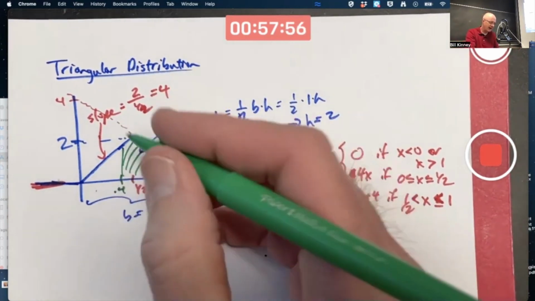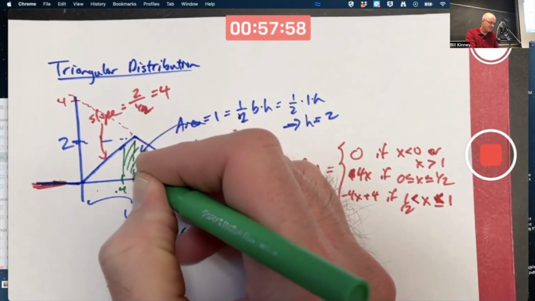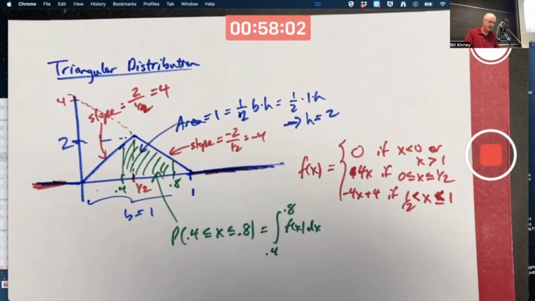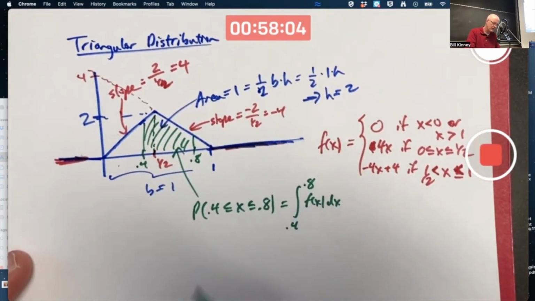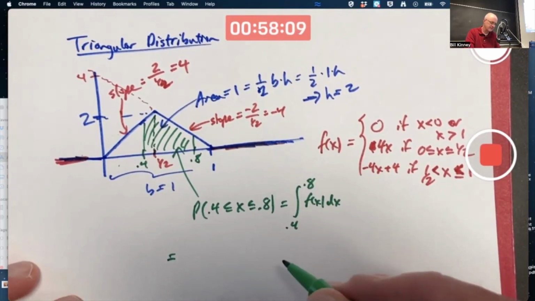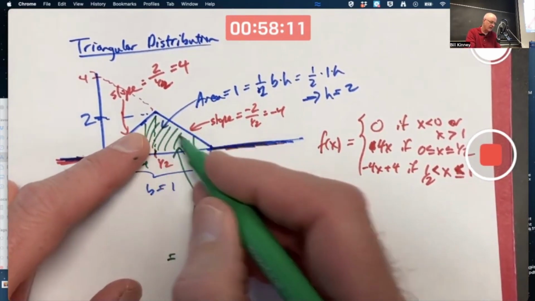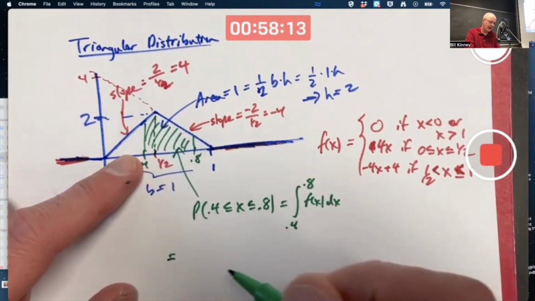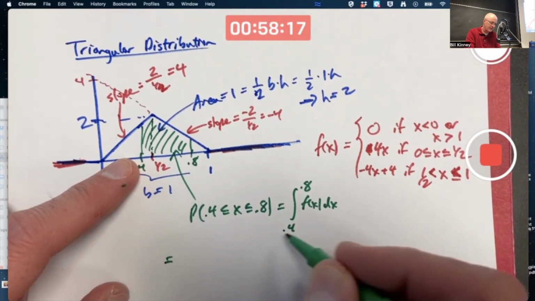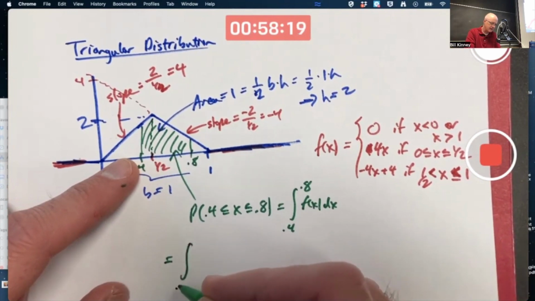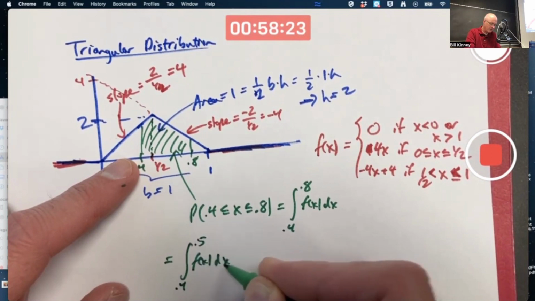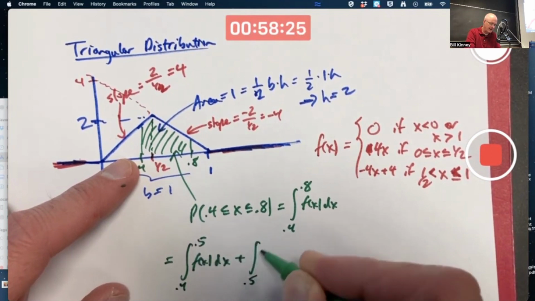Now, we could find that area, if we wanted to, by using the fundamental theorem of calculus. Maybe we should. Let's go ahead and do that. Let's go ahead and practice a property of integrals. Since the formulas for these 2 pieces of the graph are different depending on what interval you're going to do, I'm going to break up the integral into the sum of 2 integrals, an integral from 0.4 to 0.5 plus an integral from 0.5 to 0.8.